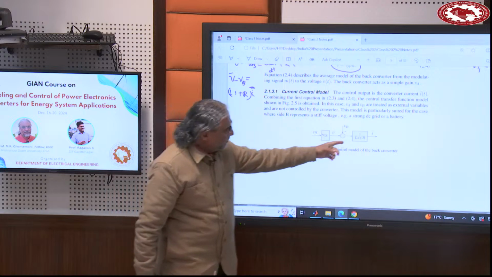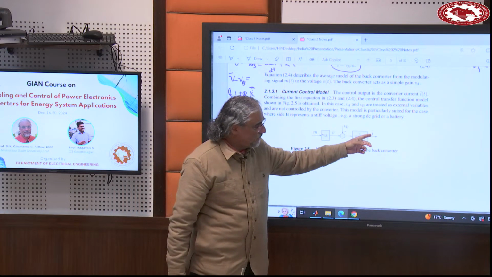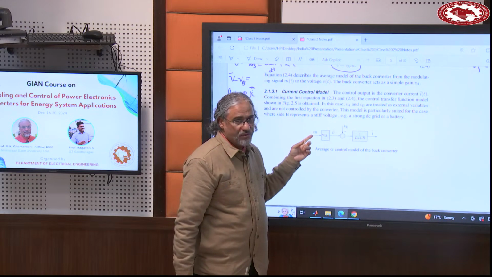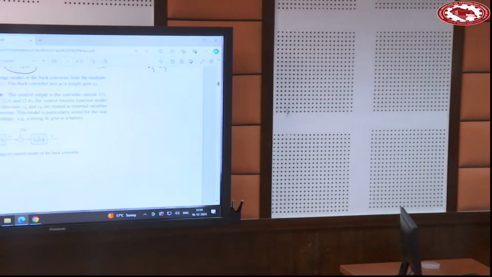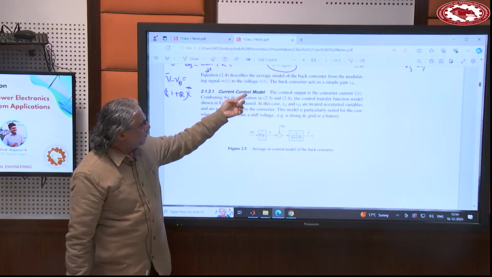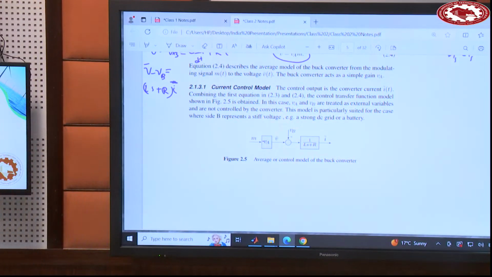And the output of the model is the current. In other words, if you want to control the current of the converter using the PWM modulation index, this is a good model. So it is called the current control model, if you want to control the current using PWM.